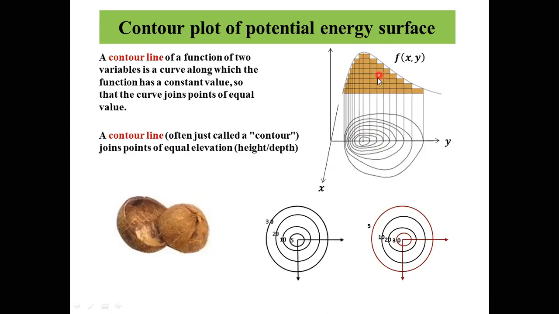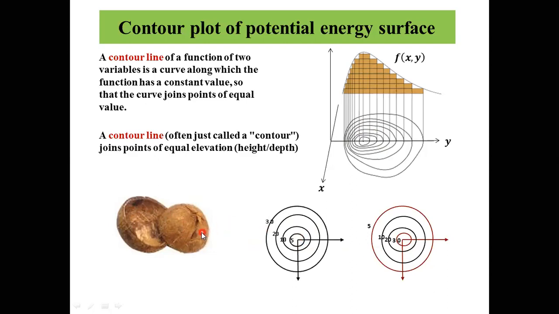And okay, now let me take some other example. Like this is a coconut shell. Now I want to represent this coconut shell in terms of contour plots. Look at here.